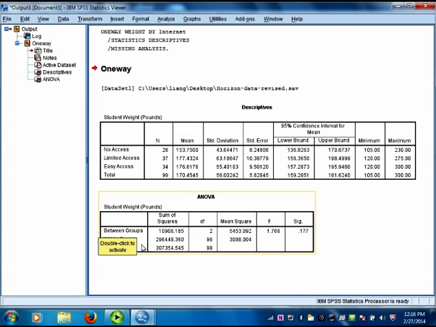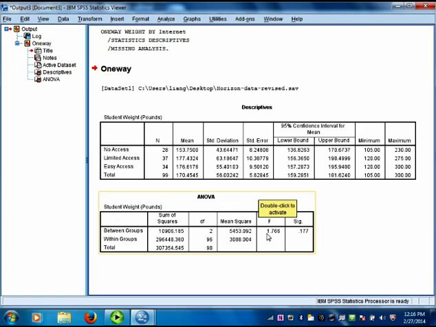Within group is to look at, on the other side, within the easy access group itself, there's also a variability, there's also a variance here. So that's the within group variance. So the F ratio is the between group differences divided by the within group differences, to look at the actual differences between and within each one of them.